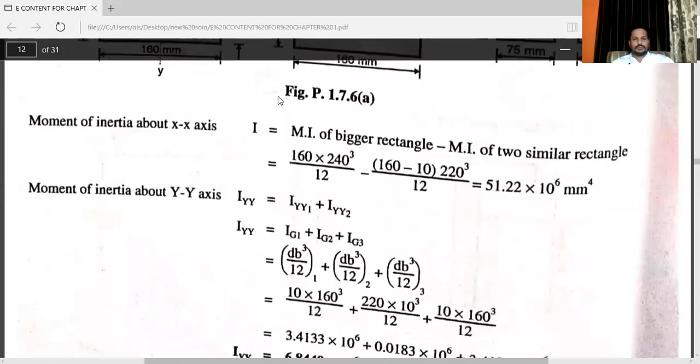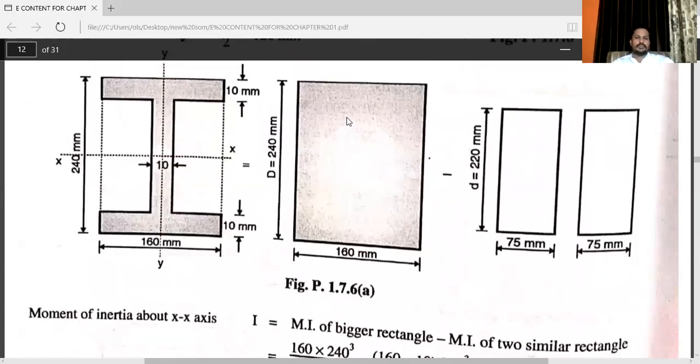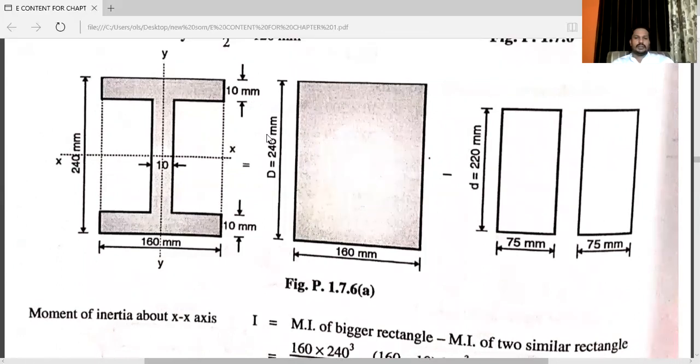So we know how to calculate the centroid point distance from X and Y.